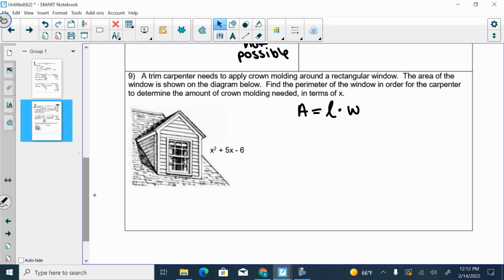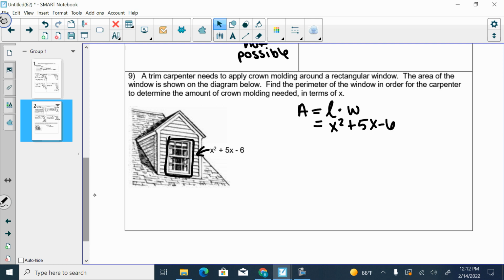So they have it drawn here for us that this window right here has this area. Like you guys just said, this is how I find area, but they have it all together, right? They already found it. They said that the area was x squared plus 5x minus 6.